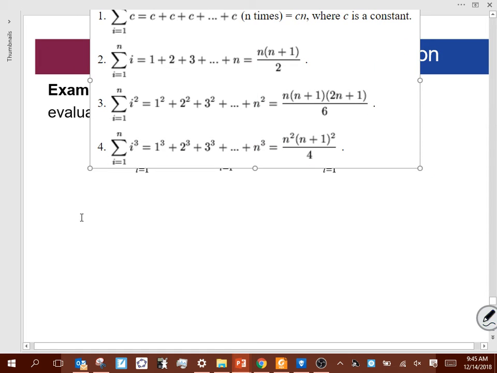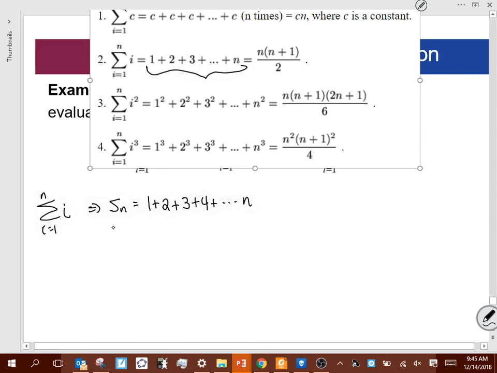If I have I equaling 1 going up to n of I, would you guys agree that that sum of n objects is going to look like 1 plus 2 plus 3 plus 4 plus all the way up to n, just like this says, right? Does that make sense? Okay.